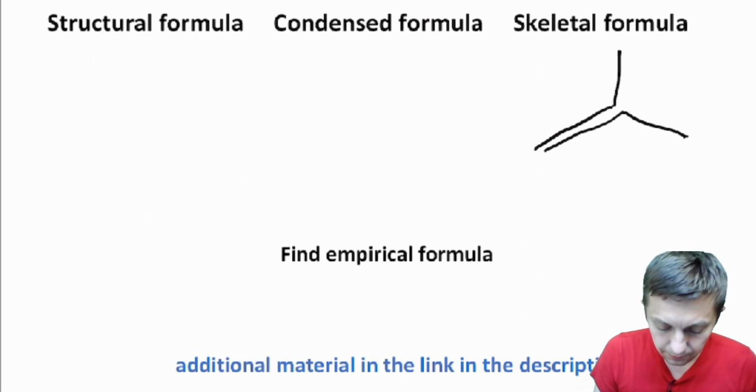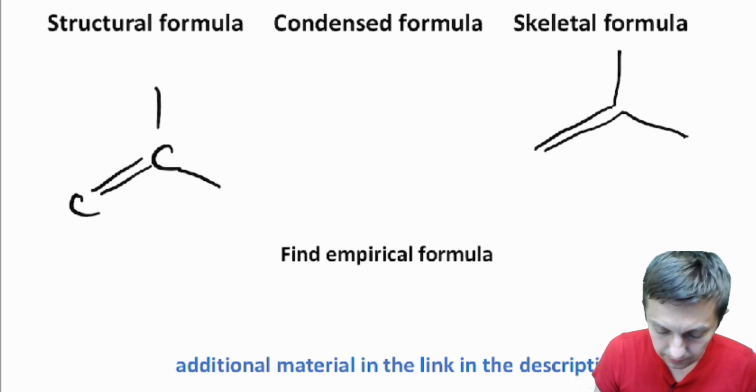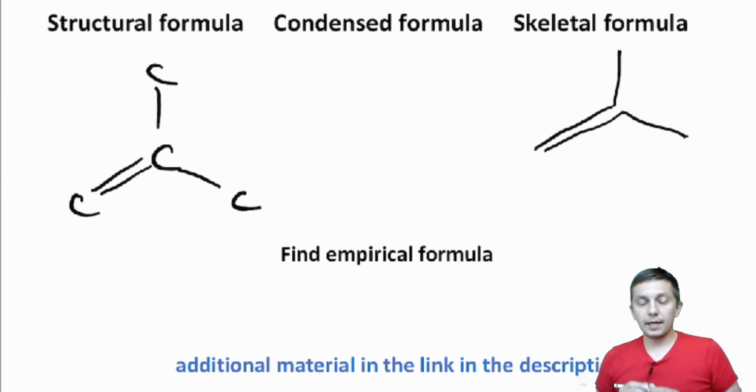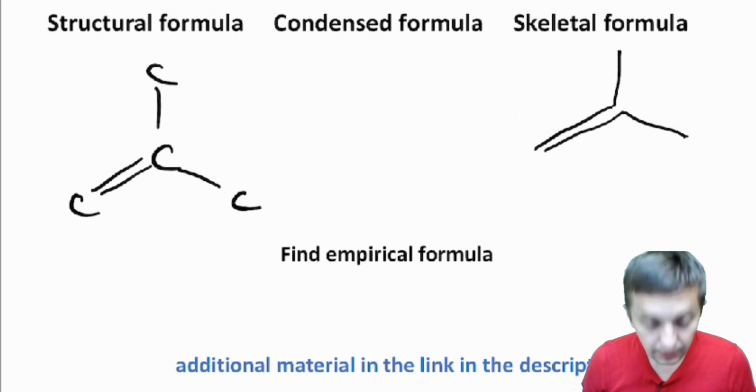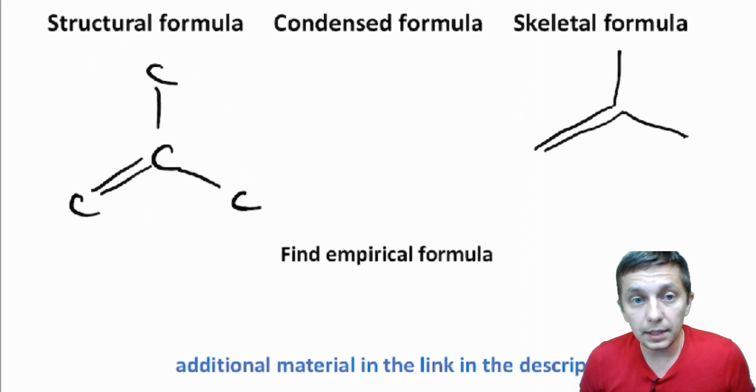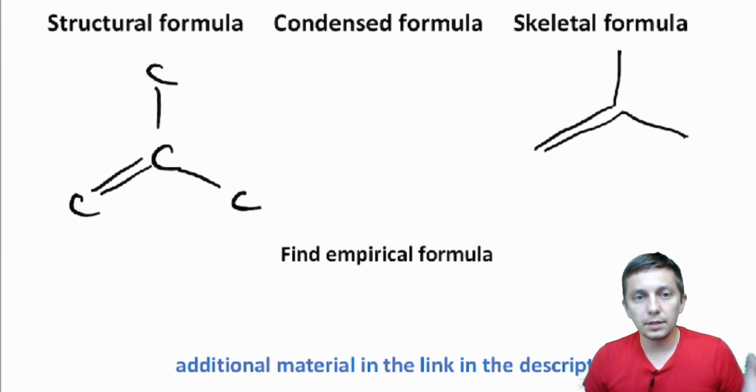We have bonds, so carbon, carbon, carbon, carbon. All the rest of the connections are with hydrogen, because carbon has valence 4. It means each carbon has 4 bonds.